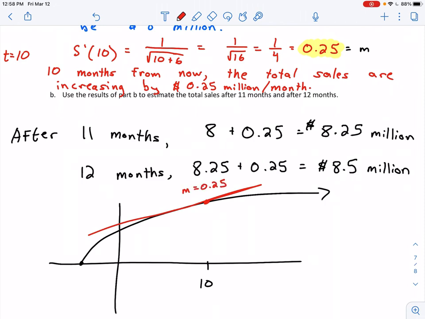Now what we did is an approximation. So we use the slope to help us estimate the exact value. So we use the red line here to help us approximate the value of that black line.